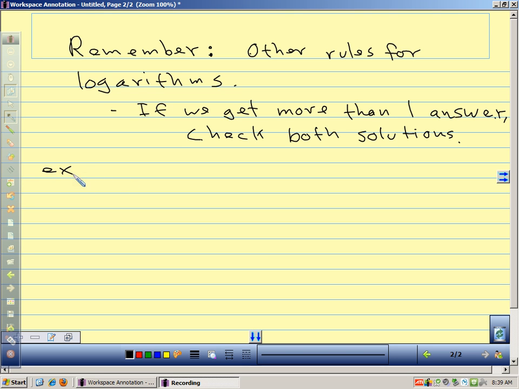Our first example, we want to solve 2 log x equals 5.